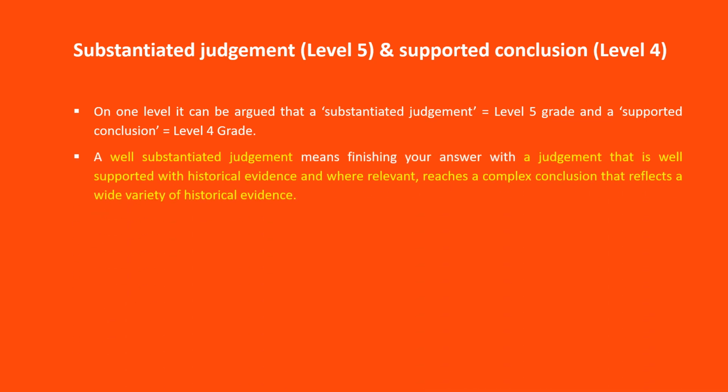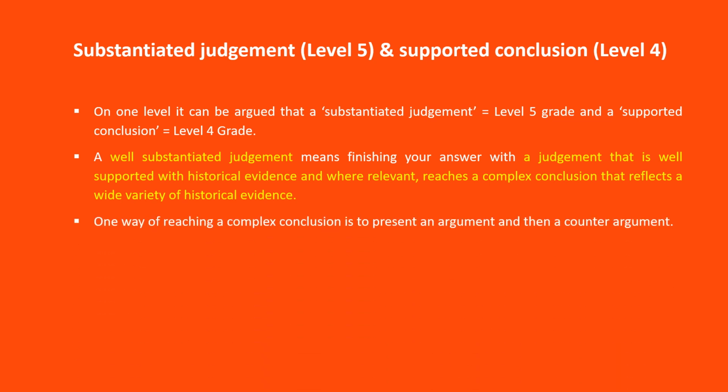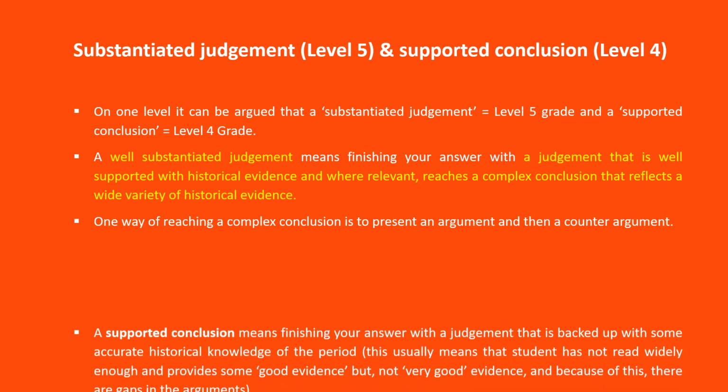A well-substantiated judgment means finishing your answer with a judgment that is well supported with historical evidence and, where relevant, reaches a complex conclusion that reflects a wide variety of historical evidence. One way of reaching a complex conclusion is to present an argument and then a counter-argument.